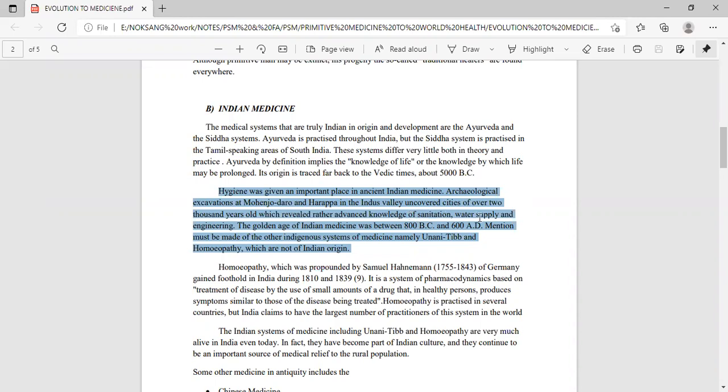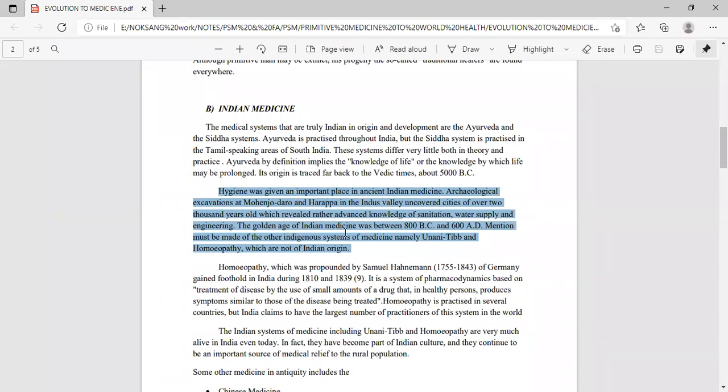Water supply was also accurate, and the engineering of the houses they built was like a new era, very high profile at that time. So that is why they have said that hygiene was one of the most important places in ancient Indian medicine.